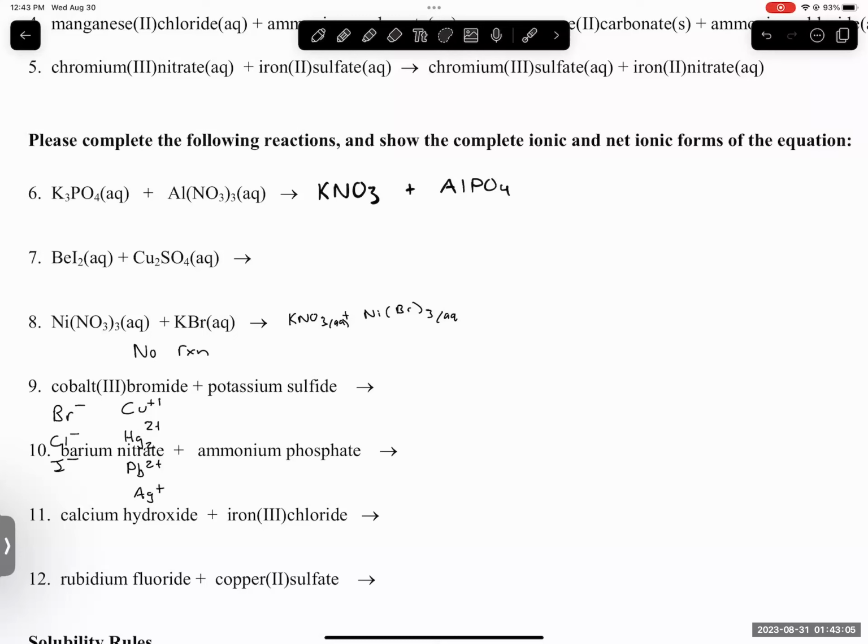You can do it on your paper. That's what I was thinking. A 3 in front of the potassium nitrate would make this equation balanced, because we have 3 potassiums over here. We have 3 nitrates over here. We only have 1 phosphate and 1 aluminum on this side, so this is good. This is the only thing that we have to change. All right, what's next?